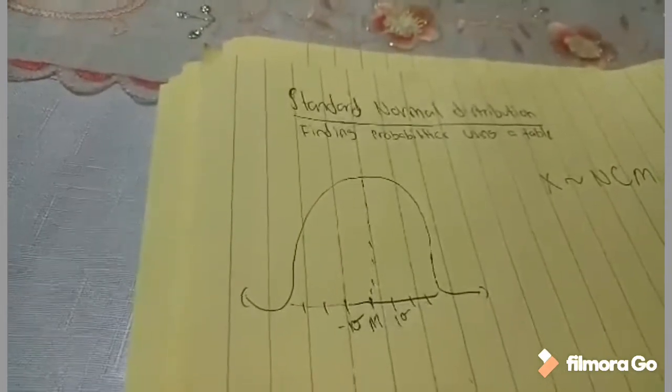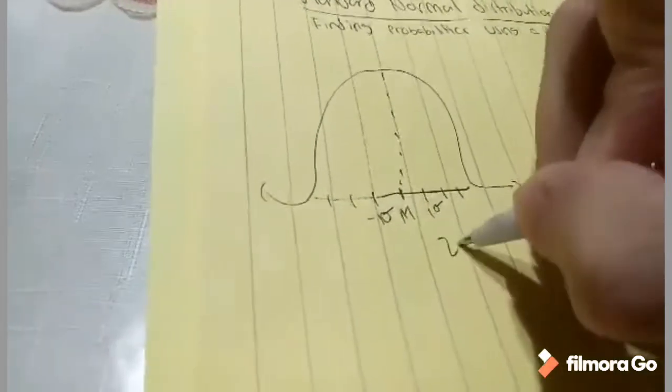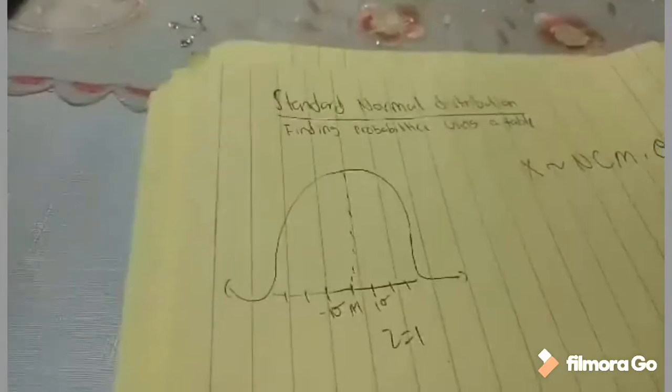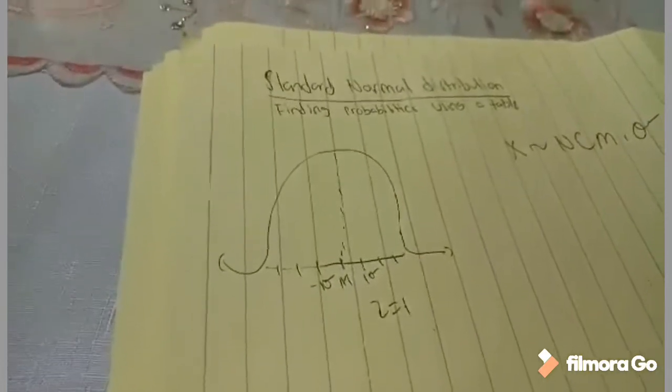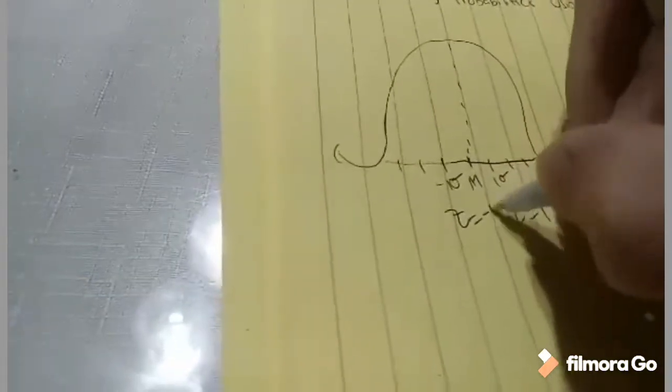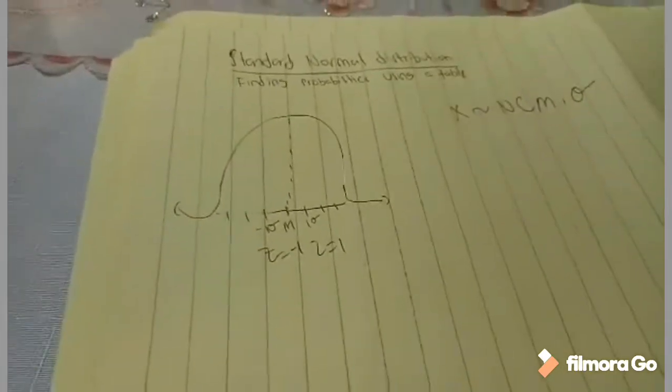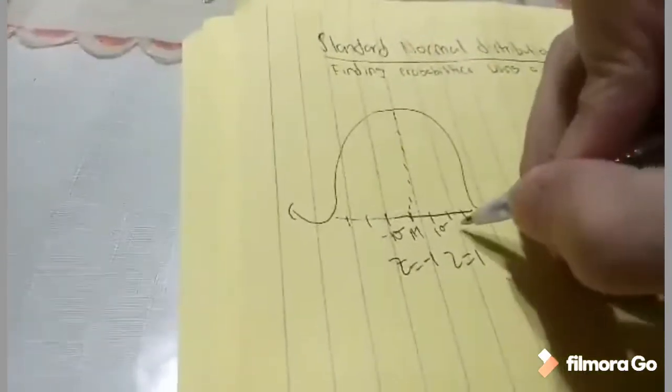The z-score that corresponds to 1 standard deviation is simply 1. So z is equal to 1. When the value is less than the mean, the z-scores are negative, so -1 there. We put on some numbers here: 2, 3, -2, -3.